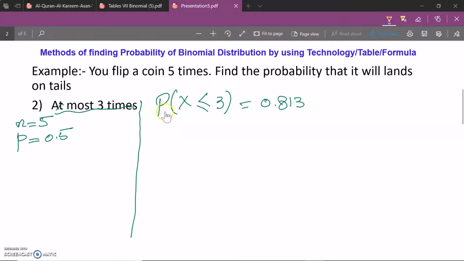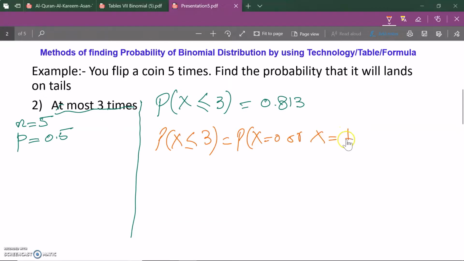So the probability that x is less than or equal to 3 is equal to the probability that the number of successes is less than or equal to 3, that is equal to the probability that x is equal to 0, or x is equal to 1, or x is equal to 2, or x is equal to 3.